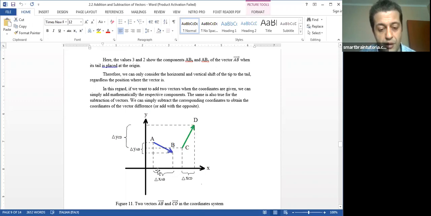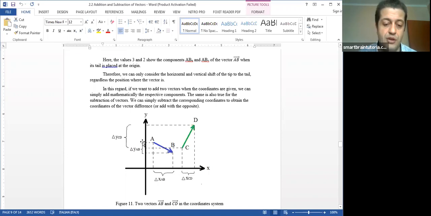You add the shift in the x position of the vector AB to the shift of position of the second vector. You add them with each other and you obtain the total shift of the 2 vectors in the horizontal direction.